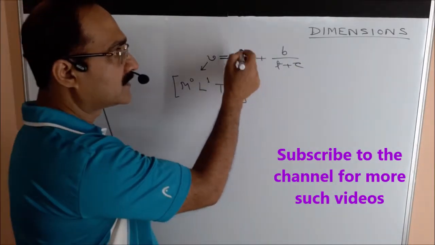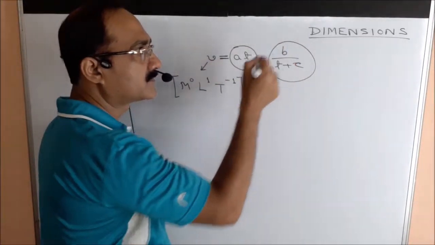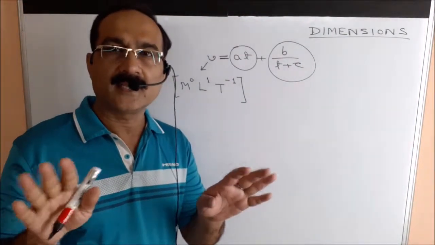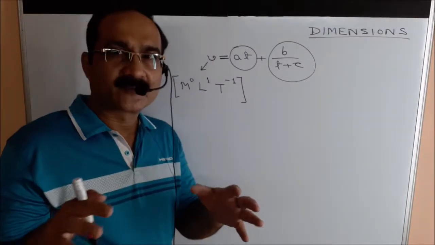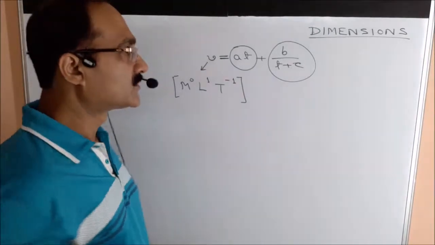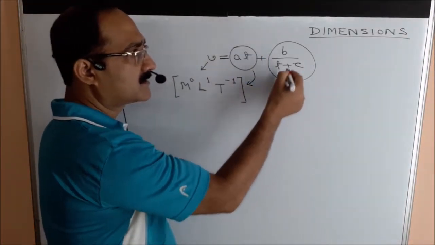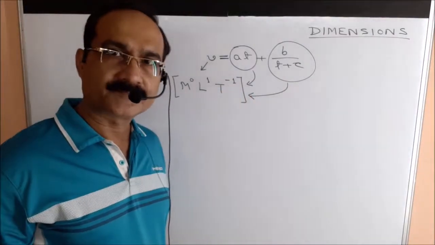So that means the dimension of this term and dimension of this term must be the same, because the rule is we can only add two quantities of the same dimension, and when we add them, the dimension of the result will be the same. So that means the dimension of this will also be this, dimension of this will also be this, right?